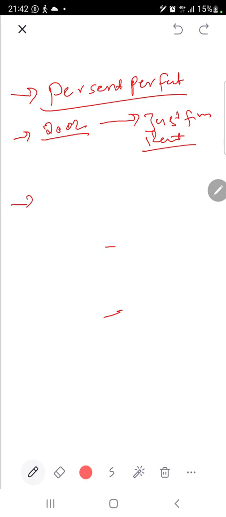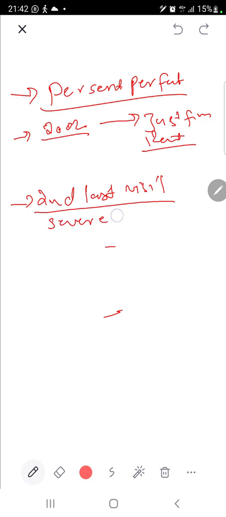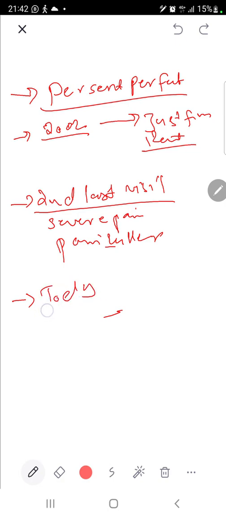Let's say in the second last visit of your letter, the patient was having severe pain. Let's say you gave a painkiller in the last visit, and he told you that this pain improved. These are the case notes.